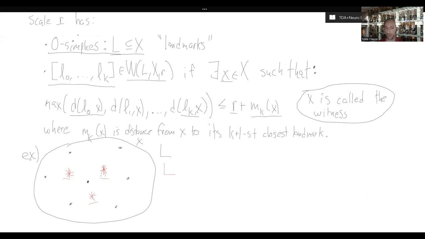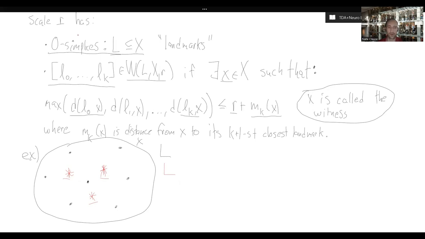So in practice, we would be building up our simplicial complex only with zero simplices from the landmark set. So you can already see the idea that we're throwing a lot of points from our space out in terms of building our simplicial complex. And so there's just going to be drastically fewer simplices in the witness complex, making it much more practically feasible.